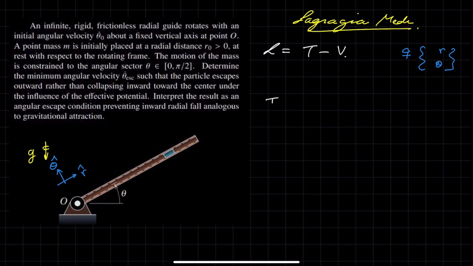We can express the kinetic energy like this: half the mass times the velocity squared. But in this plane it's the radial velocity plus the angular velocity. And the potential energy is going to be m g r sine of theta.